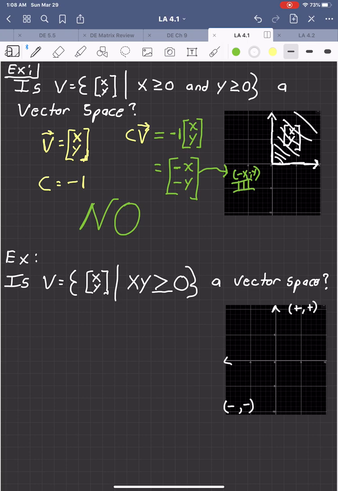So what we have in this case is the only way you're going to get a positive number when you multiply the x times the y is if you choose from those two quadrants, right? A positive times a positive is going to be a positive number. So this is part of your vector space. A negative times a negative is also a positive number. So this is part of your vector space.